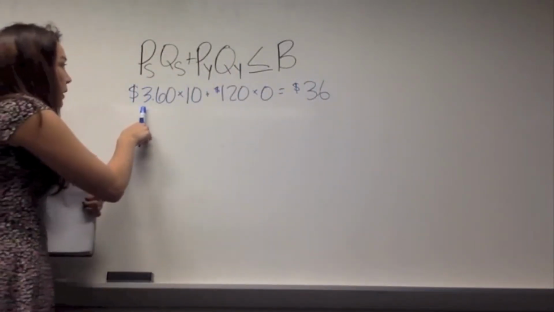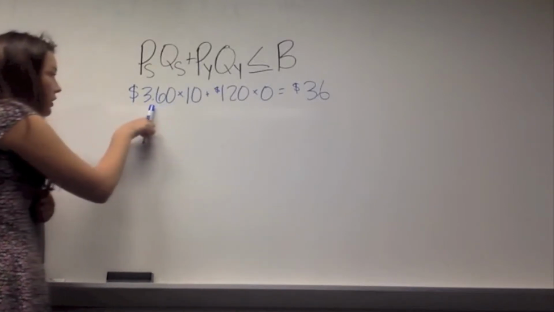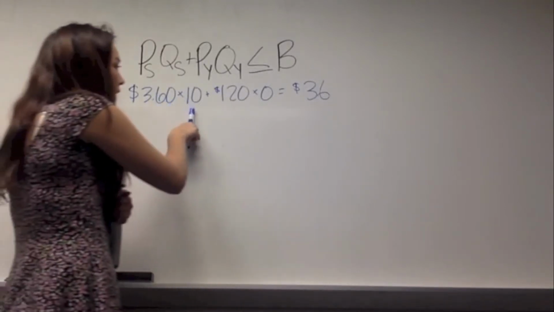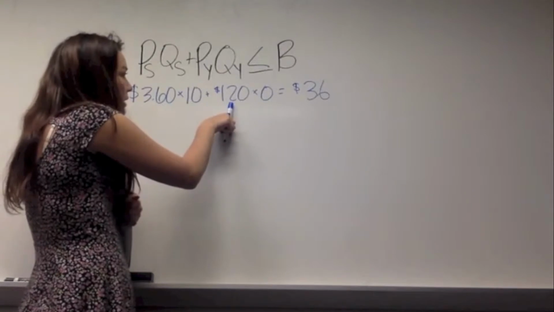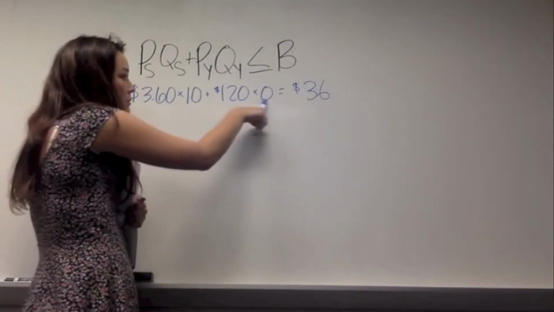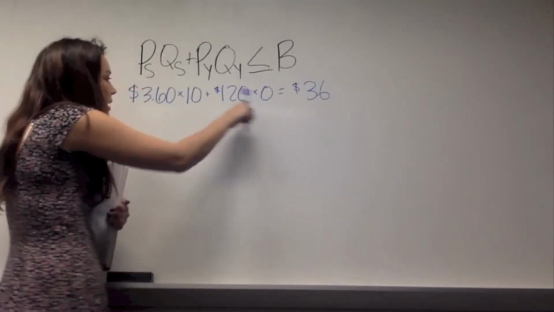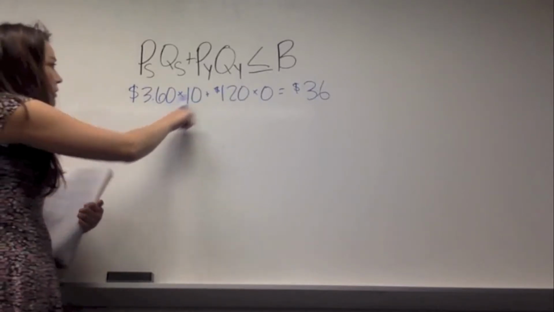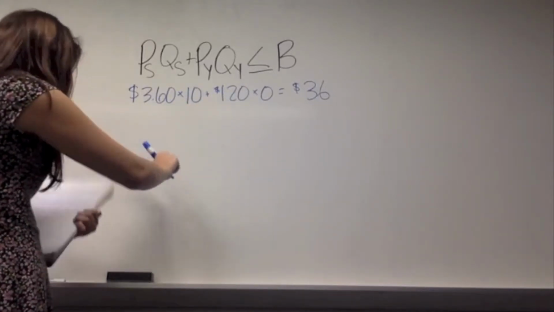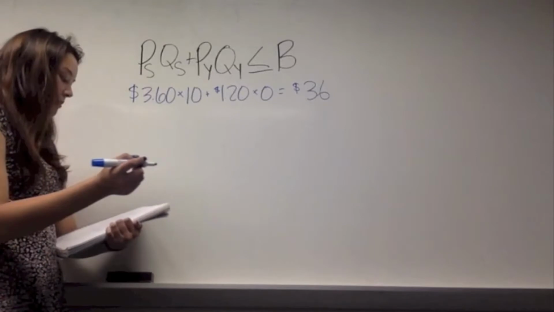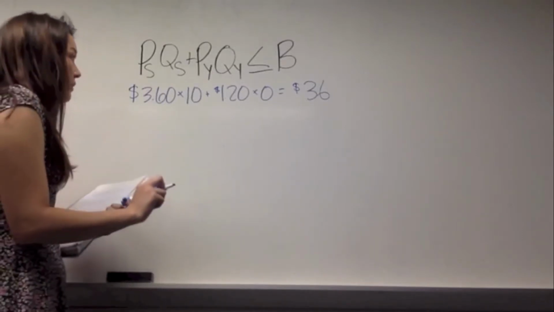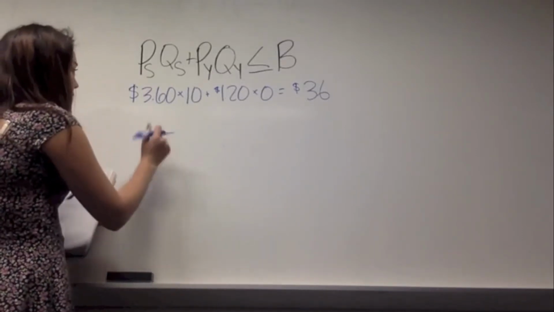You would multiply the price of sandwiches, which is $3.60, by 10, add it to the price of yogurt, which is $1.20 times 0, which will maximize the amount of sandwiches you can buy within your $36 limit. And then to get the maximum amount of yogurt, you would just do the opposite and plug in 0 for the quantity of sandwiches.